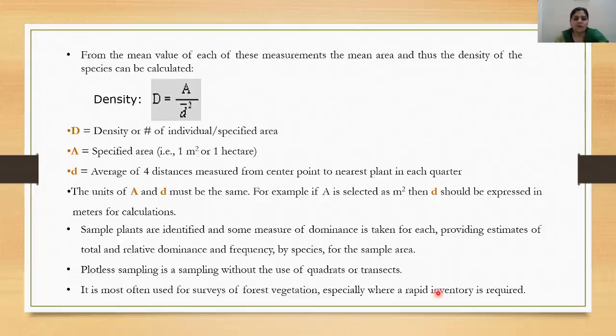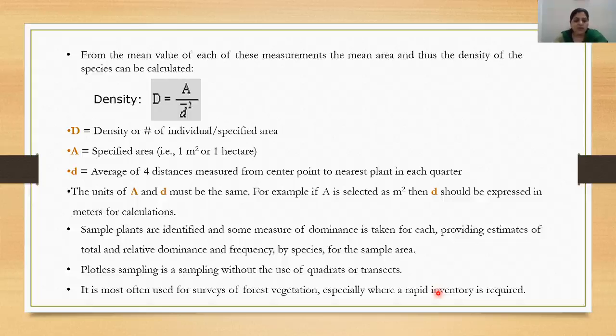Then, from the mean value of each of these measurements, the mean area and thus the density of the species can be calculated. The formula for density is D = A / D', where D is the density of individuals of a specified area.